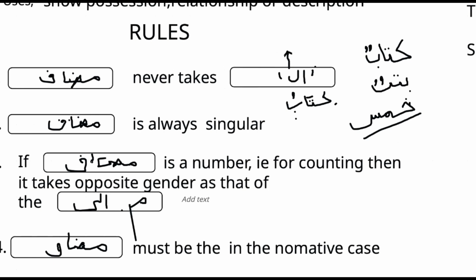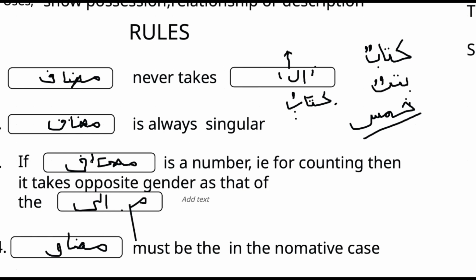Then the number will be in the masculine form. So khamsu bint. But if it is to describe a male, let's say walad, a boy, you say khamsatu walad. It is a bit confusing because it is taking the opposite gender. You have walad, it is rather khamsatu. And if you have a girl that is bint, then it will rather be khamsu. So take note of that.